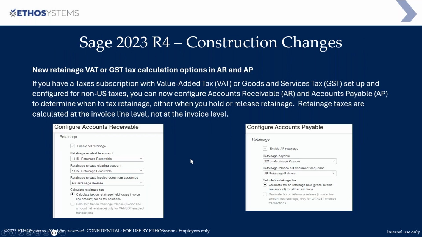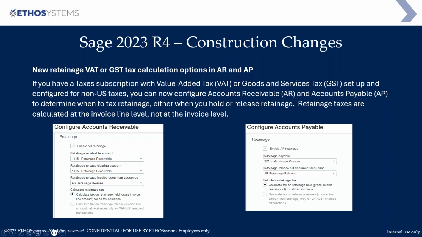Okay, construction aspects. The first change is specifically for a lot of the companies that are in Canada using this. Up there, retainage is handled differently than it is down here in the States. So they have changed the way it handles the tax calculations for retainage.